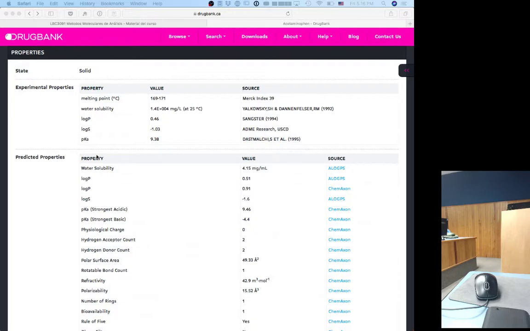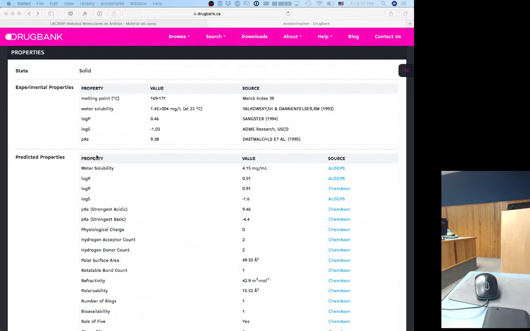It's like comparing between 4, 5, and 9, actually. It might be off, but it's not so wrong that it's going to be bad or useless. Then we have the log S, which according to this experimental value is a little bit more exaggerated. It's going to be slightly more soluble according to this prediction.